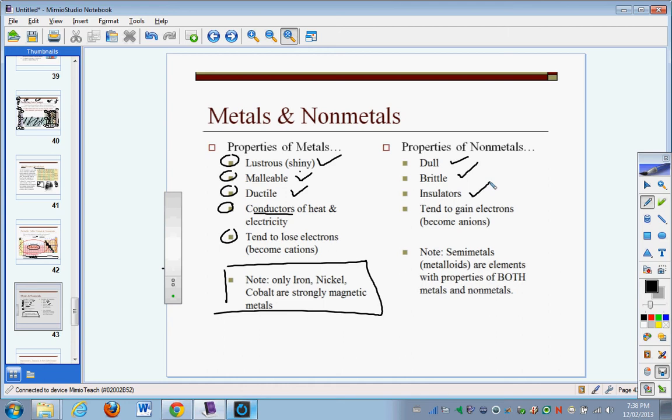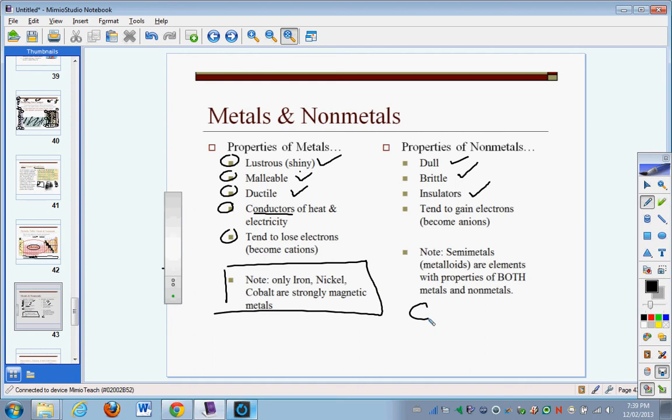For example, carbon is found right near that staircase in the second row of the periodic table. A piece of graphite, pencil lead, is actually made of carbon. And you could argue under certain conditions that it has a certain shine, a certain sheen to it. So you might argue that it's lustrous. On the other hand, I think you'd agree a piece of pencil lead, if you tried hammering it or stretching it, would simply snap.